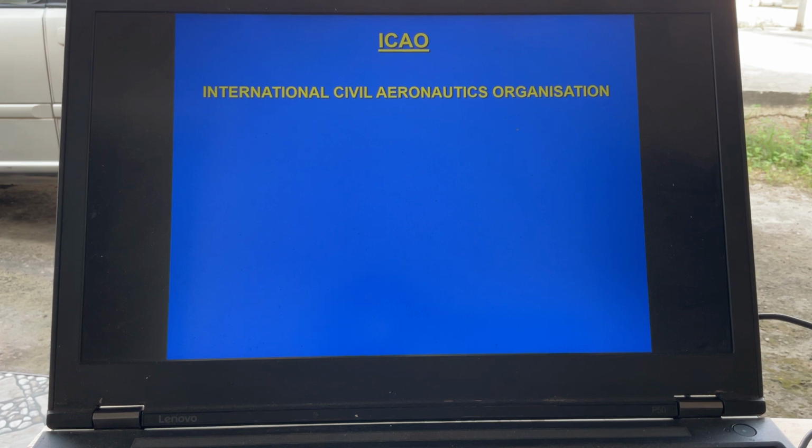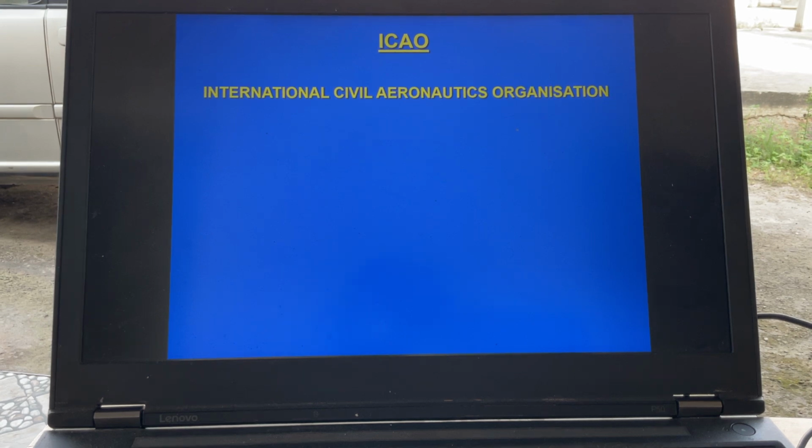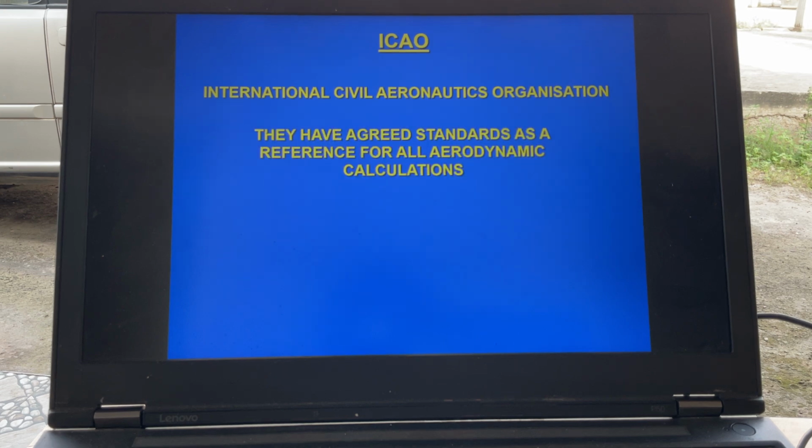Now, one could be asking, if that is the case, then we need to know the relationship between International Civil Aviation Organization standards and measurements taken from the sea level.